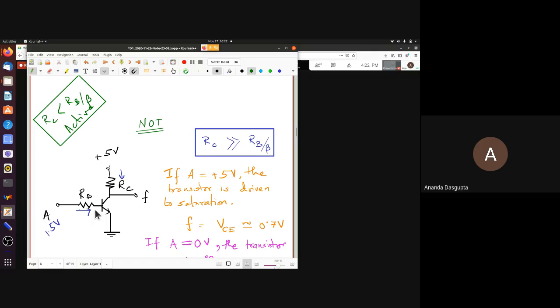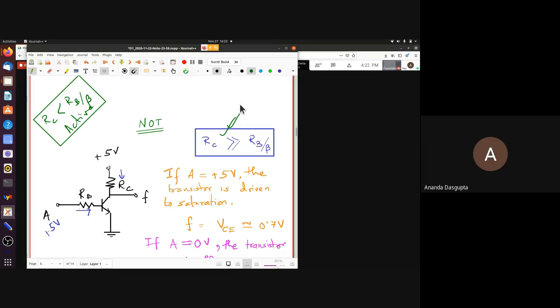We are demanding RC is bigger than RB by beta. Not only that, we are demanding that it be quite a bit bigger than RB by beta, typically say 10 times bigger at least. And you should realize that that's a pretty easy thing to achieve, right? Because beta being of the order of hundreds or 200s, all you have to do is just use equal RC and RB. Just put 1 kilo ohms in both. This condition is definitely satisfied.